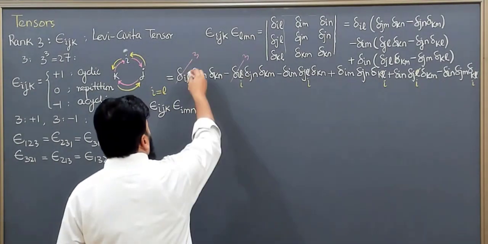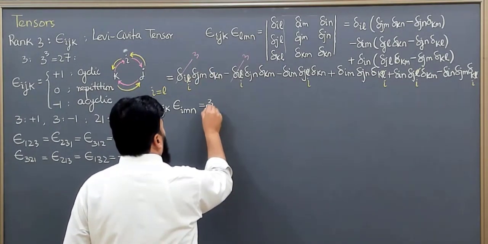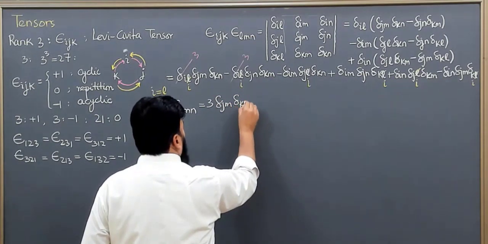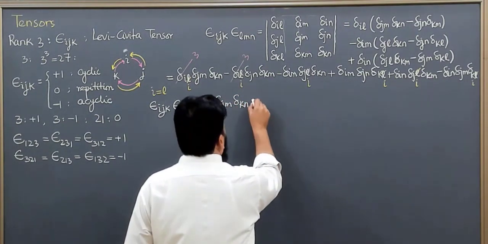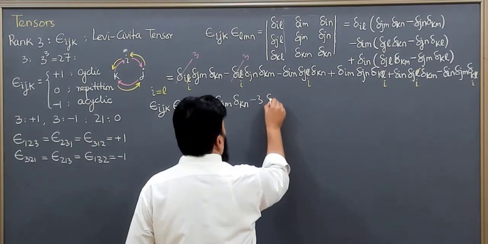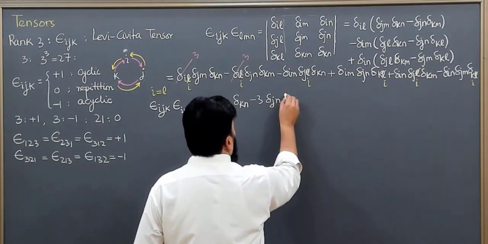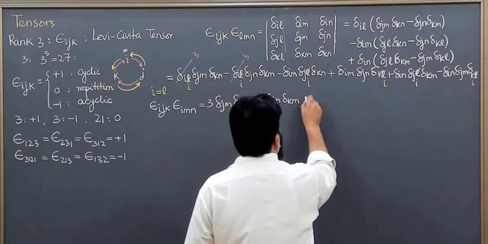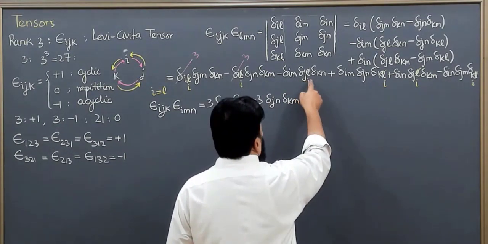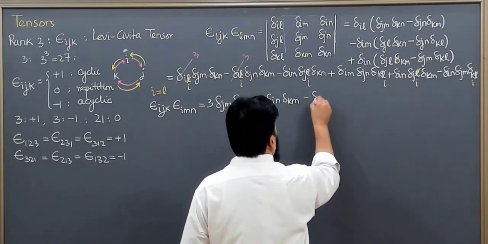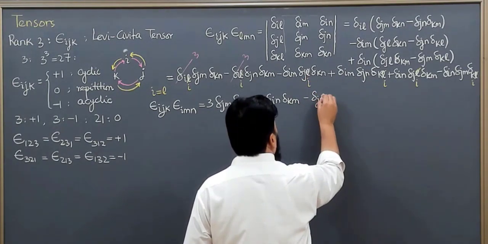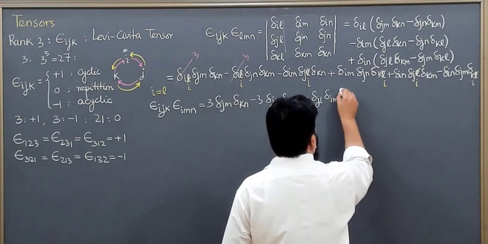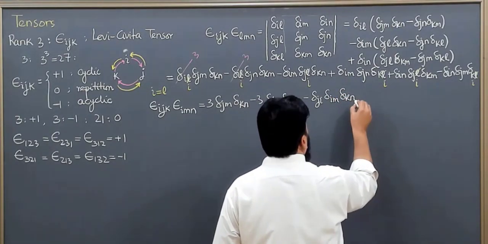Here this will be equal to 3 times delta JM delta KN minus 3 times delta JN delta KM and minus, now this is JI, so I am writing this earlier, delta JI and delta IM and delta KN.